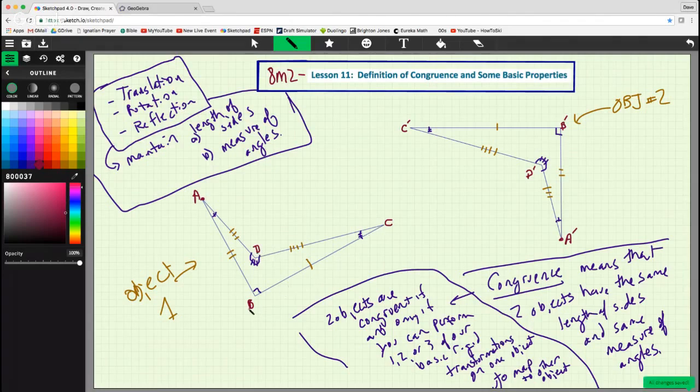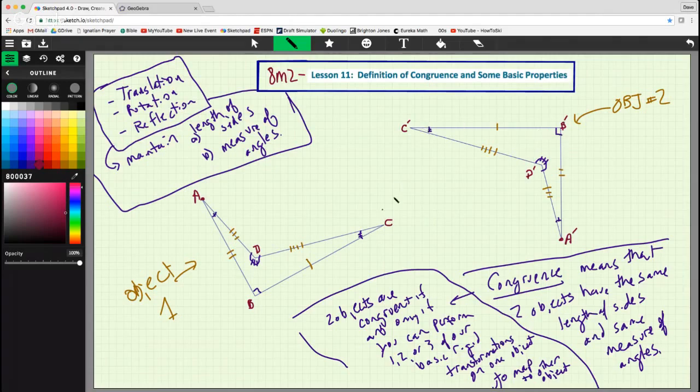So we can see that AB and A prime B prime are both the same length. B prime C prime are both the same length because they have that marker of 1. C prime D prime are 4. C to D is 4. And then A prime D prime is 3. So those are the same lengths. And then our angles. Angle A is the same as angle A prime, both 1. B prime and B are both right angles.